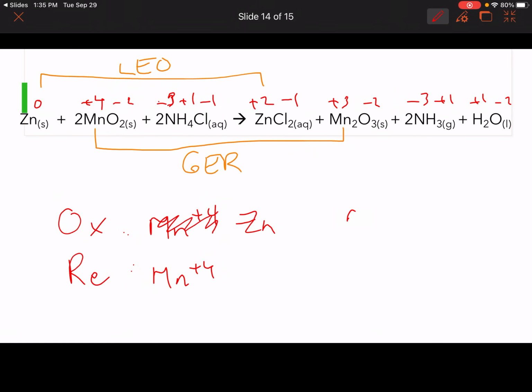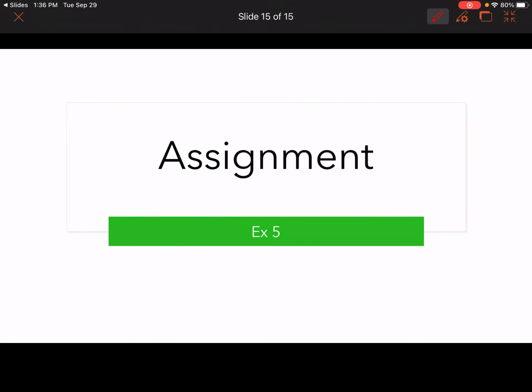And then your reducing agent will be your zinc, and your oxidizing agent will be your manganese. Okay, so that's that. You can try now assignment exercise 5. The answer key will be posted, so check your work. Do a bunch of these to just get the hang of them, and then once you have it, it'll be really solid for you. Okay.